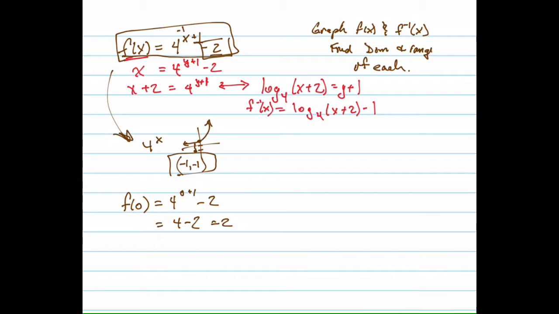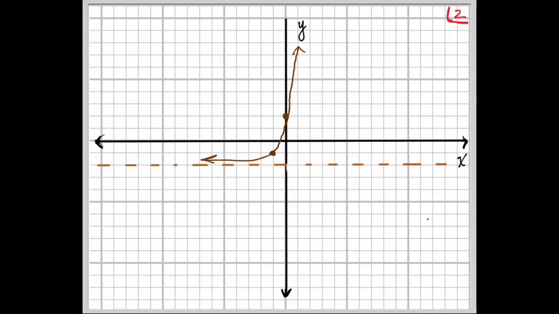Okay. Now let's do in red the graph of the inverse. First of all, I know what the graph of the inverse is going to be. If I draw in the line y equals x, again I'll make it a dotted line.